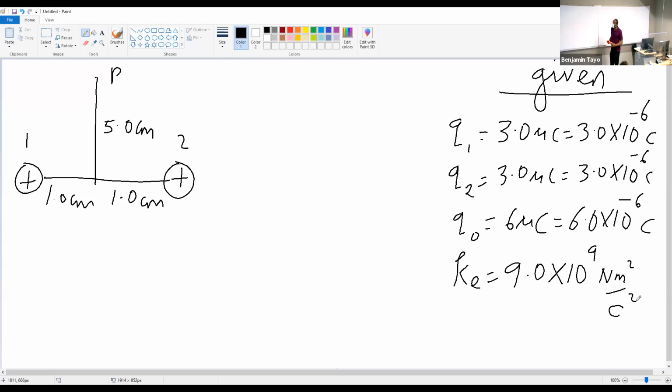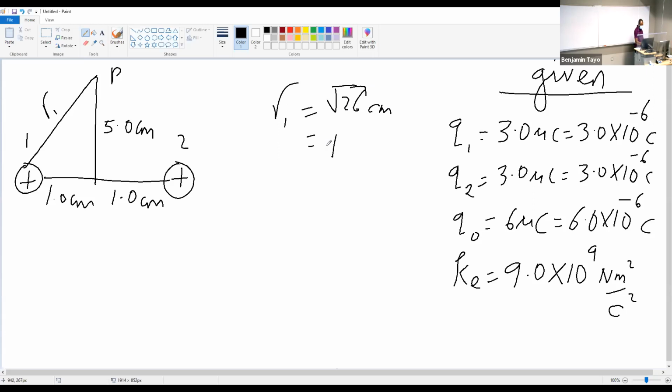Now the constant ke is 9.0 times 10 to the 9 newton meter squared per coulomb squared. Let's calculate this distance from charge number 1, and call it R1. R1 is the square root of 1.0 squared plus 5.0 squared, which gives 26. So R1 is the square root of 26 centimeters.